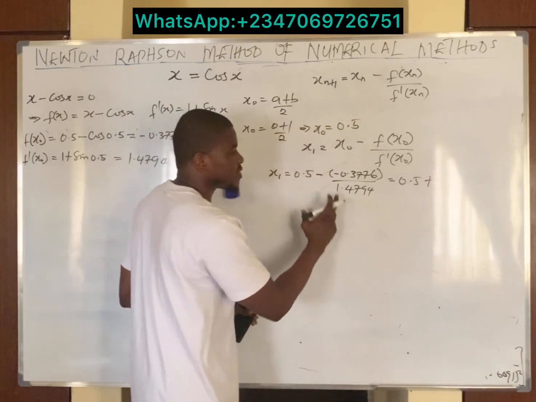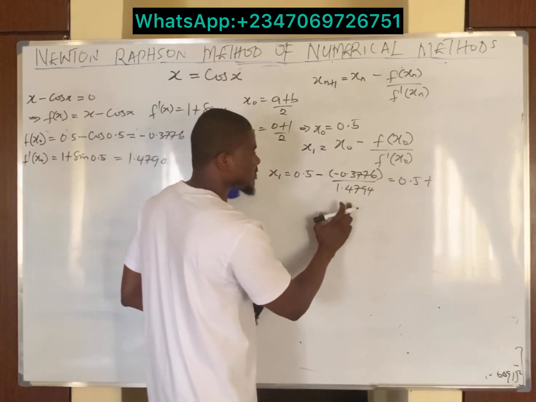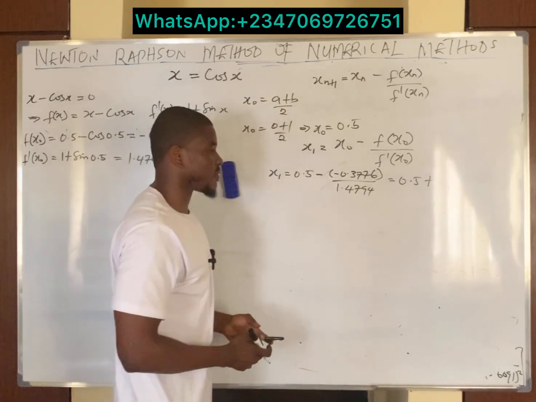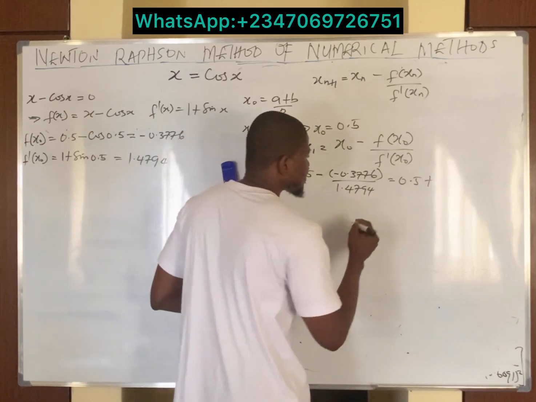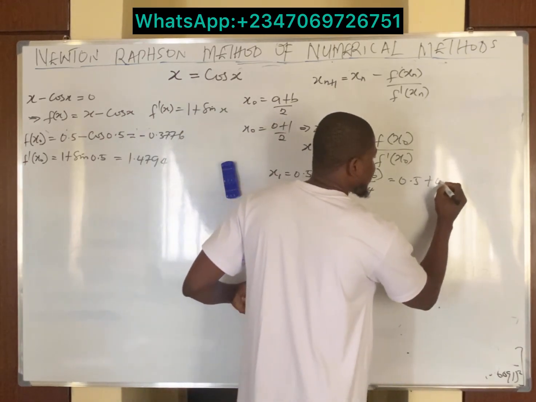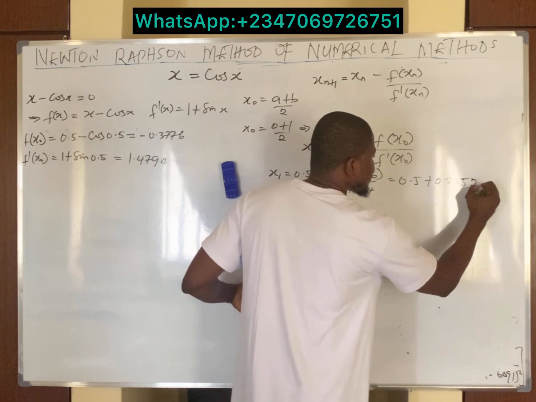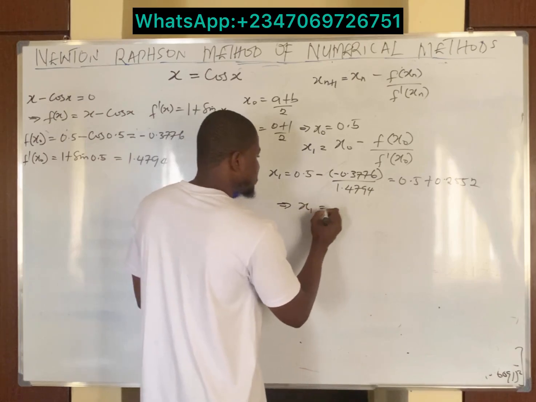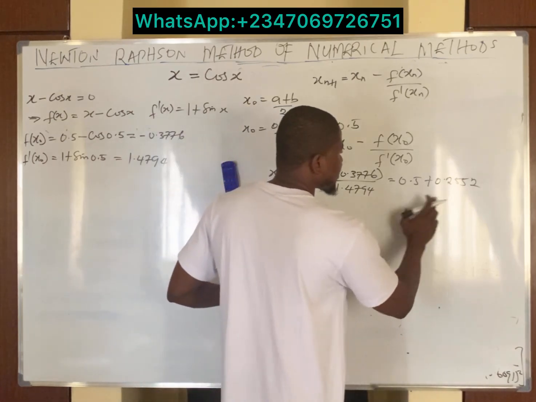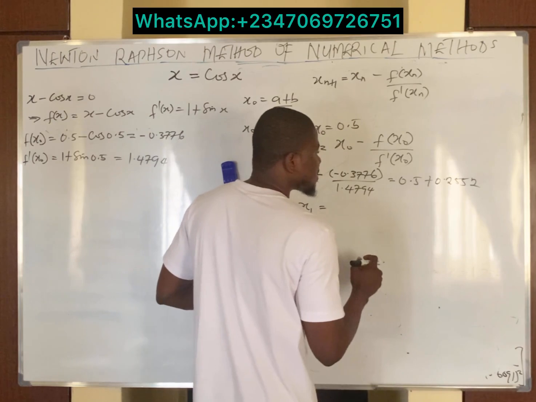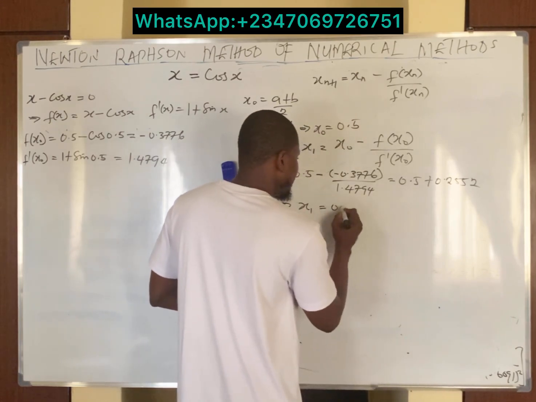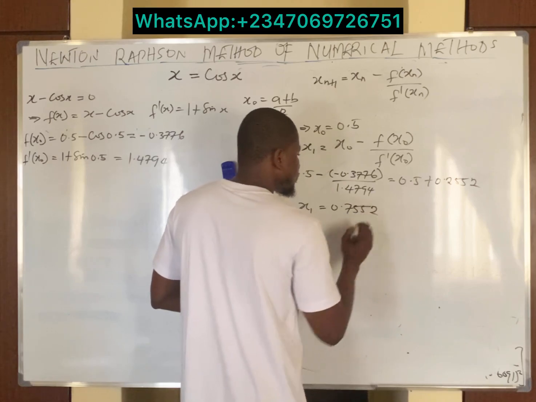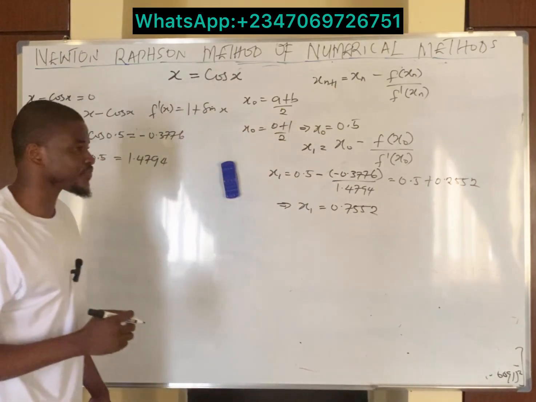Now let's find this ratio. 0.3776 divided by 1.4794 gives us simply 0.2552. So this implies that our first root, x1, is going to be equal to 0.5 plus 0.2552. That gives us 0.7552.